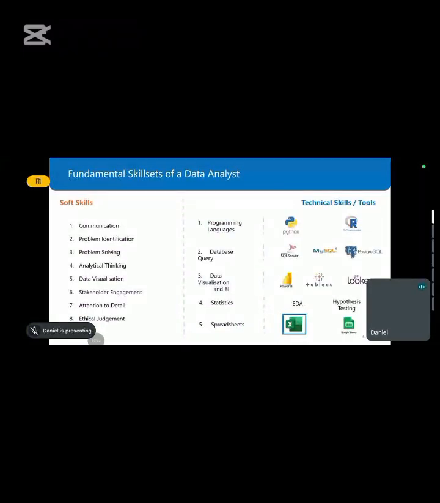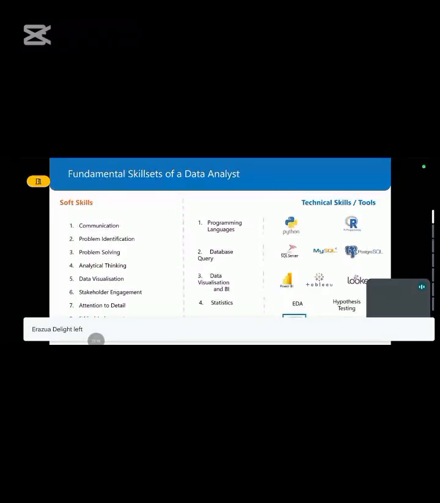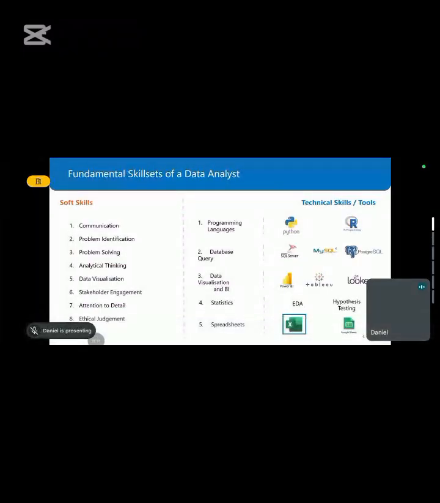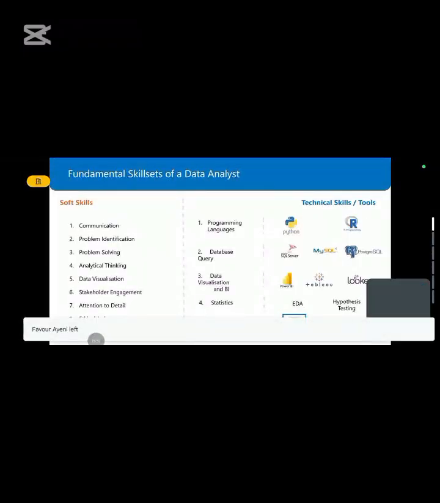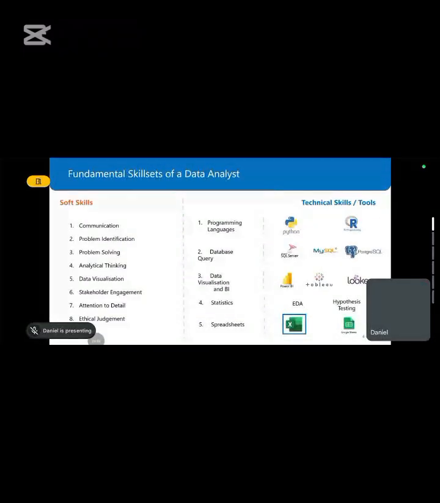Another one is attention to detail. You need to have a very strong attention to detail. And finally, ethical judgment. You need to use data ethically, because you can lie with data. I know people say that I only believe in God, every other person should bring data, but I can bring data to you, hard facts, quote unquote, but that data is still misleading.